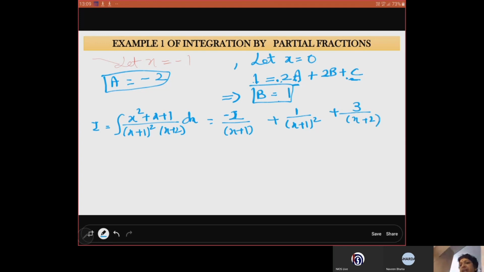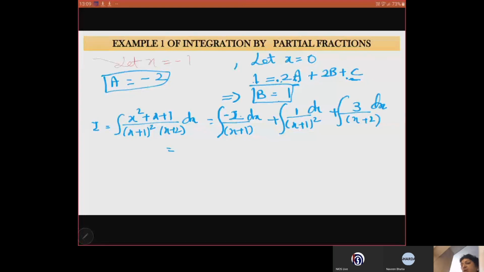So when I say integral, I can separate these integrals. The whole question, which looked quite complicated, has now come in a simple form. Now, how do I integrate minus 2 upon x plus 1?